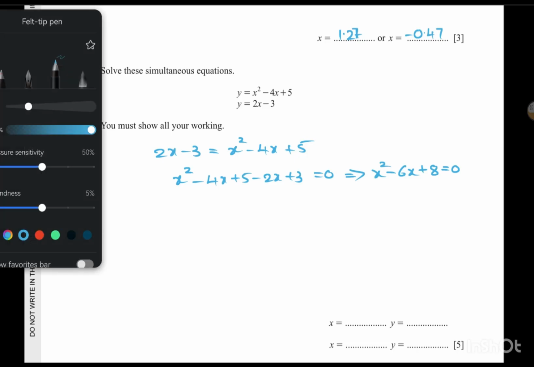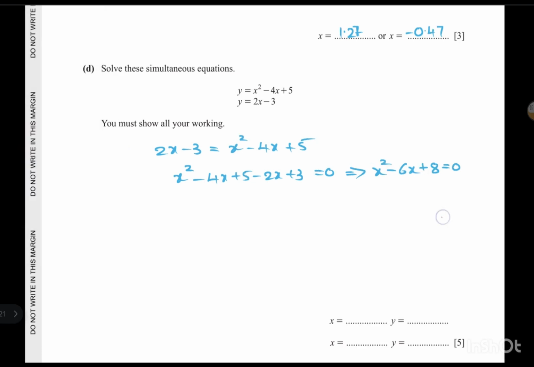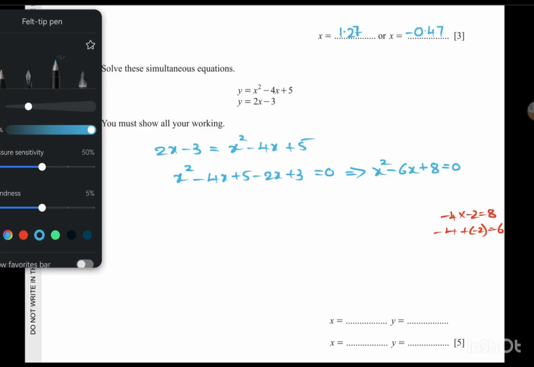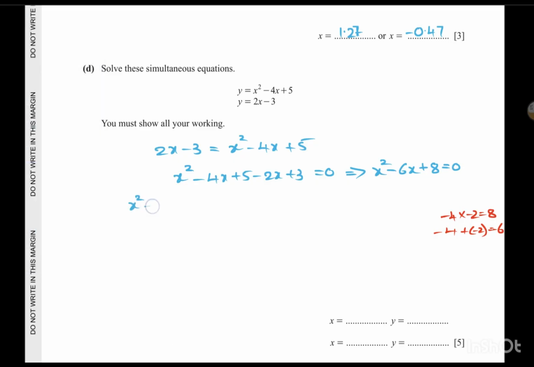Let me write with a different pen. Minus 4 into minus 2 is plus 8. Minus 4 plus minus 2 is minus 6. So we can take the factorization method here. So x square minus 4x minus 2x plus 8 is equal to 0.